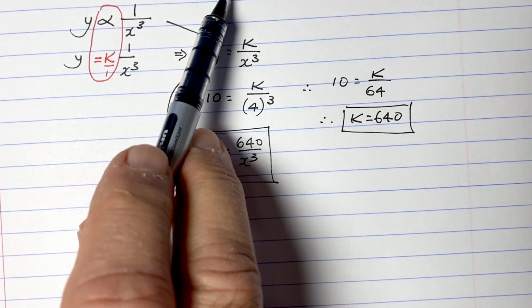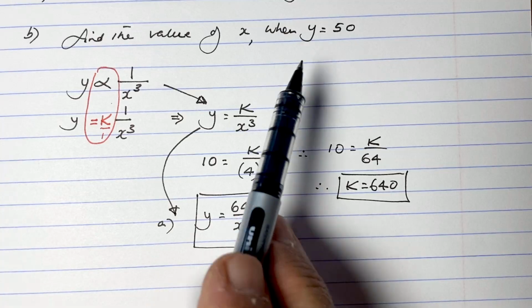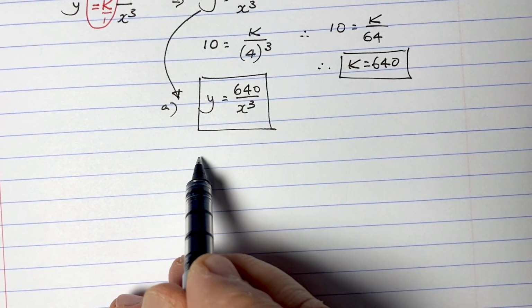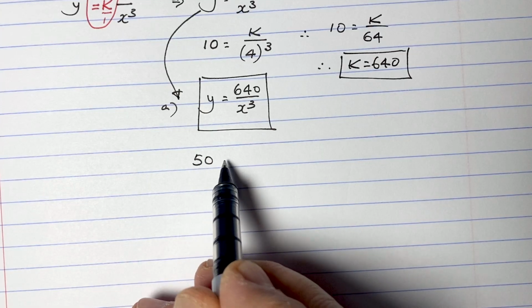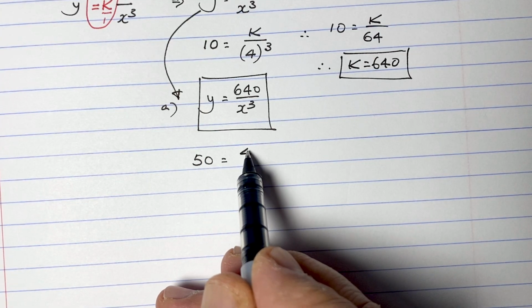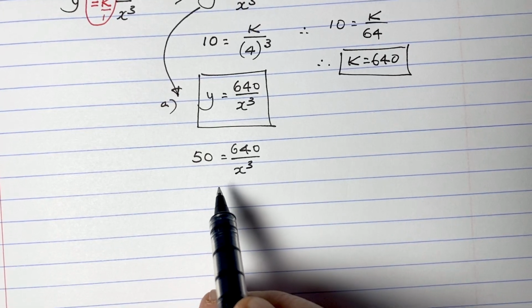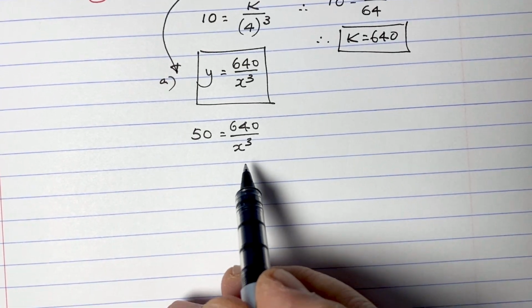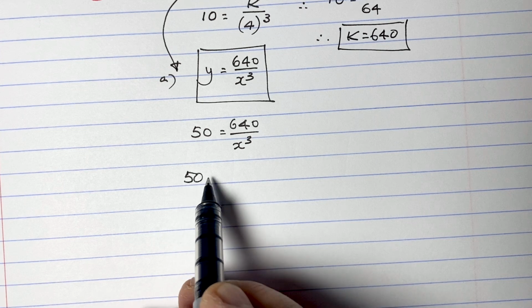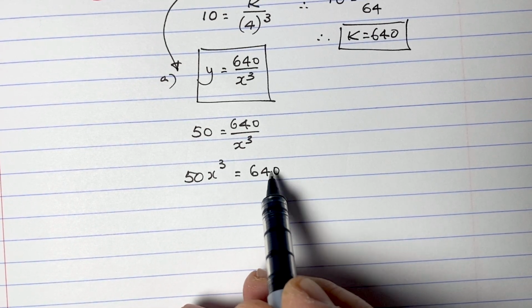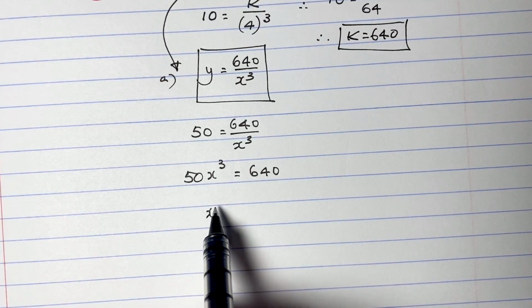Part B, find the value of x when y is 50. So let's replace y with 50. I'll multiply both sides by x cubed. Divide both sides by 50.